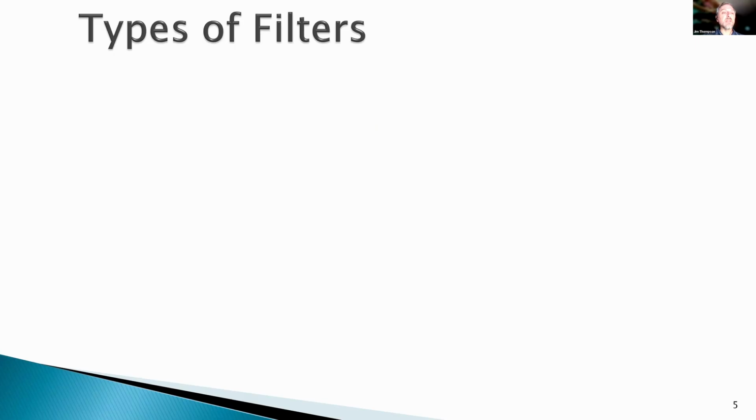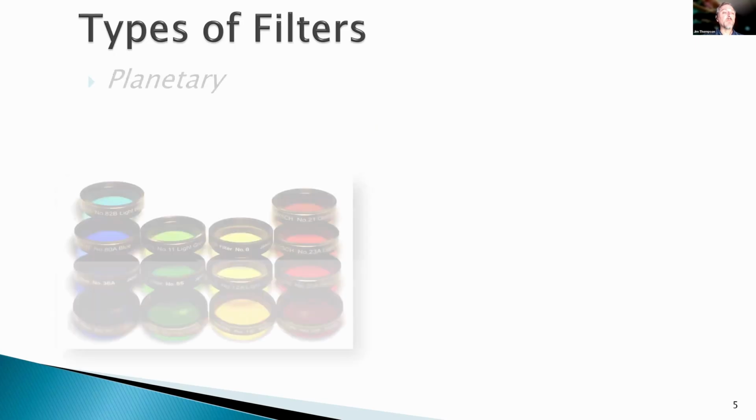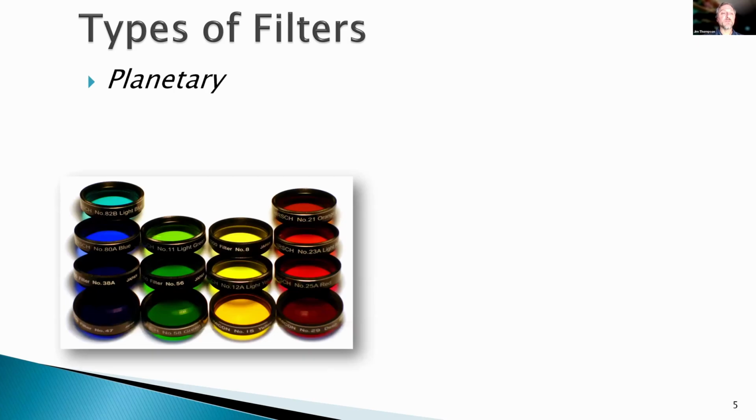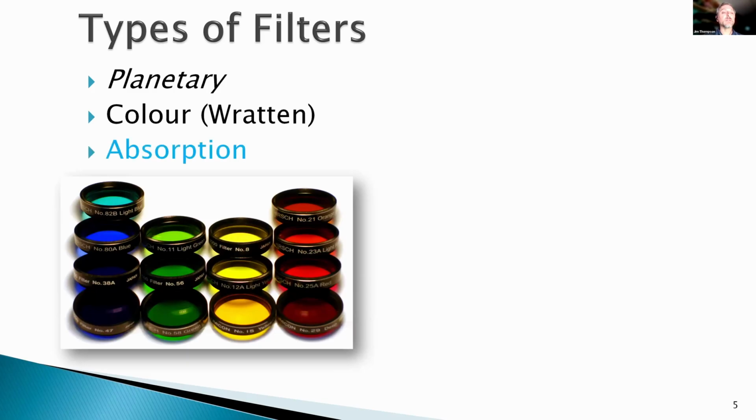Thus, there are mainly two types of filters. The first type are most commonly referred to as planetary filters, but are, in essence, color filters, commonly identified using the Wratten numbering system. These filters are all absorption type. They block light by absorbing it.